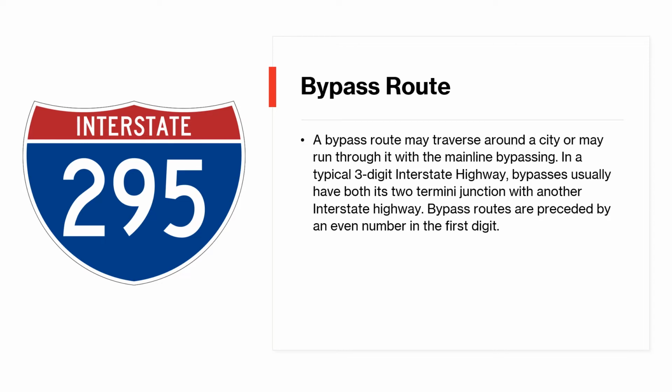Another example I could use is I-295, which bypasses the city of Providence, Rhode Island, with its southern end at I-95 in Warwick, Rhode Island, and its northern end at I-95 in Attleboro, Massachusetts.